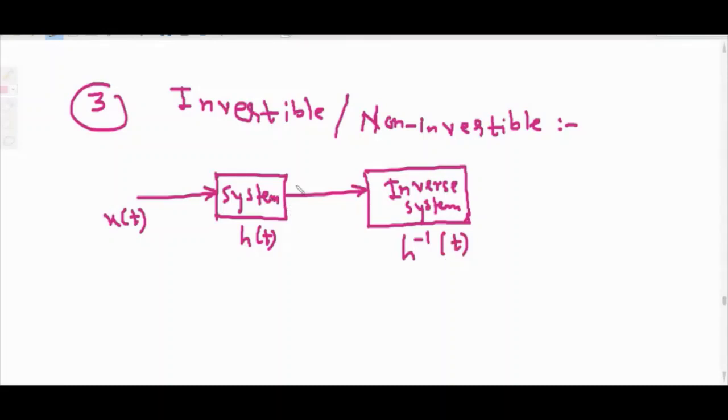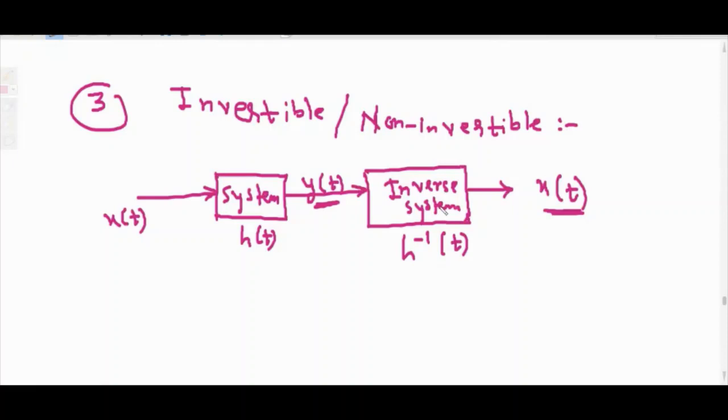The output produced by first system is y of t. Then y of t is the input to the inverse system. Then output generated by the inverse system, if it is x of t, then that system is nothing but invertible system. Definition of invertible is that if it is possible to recover input from output, then it is called as invertible system.